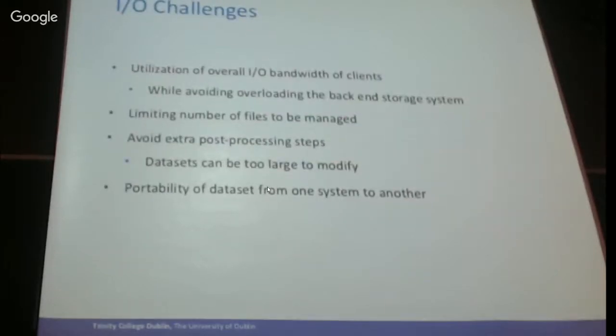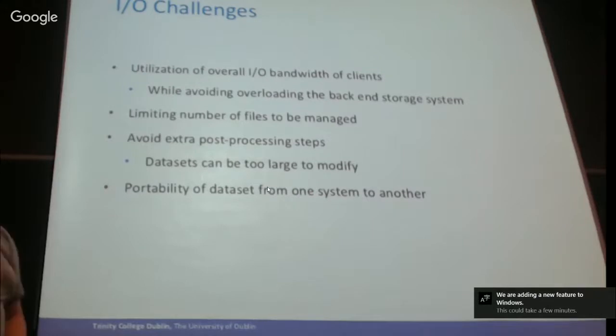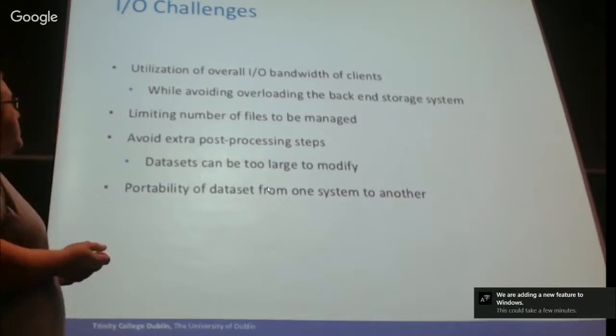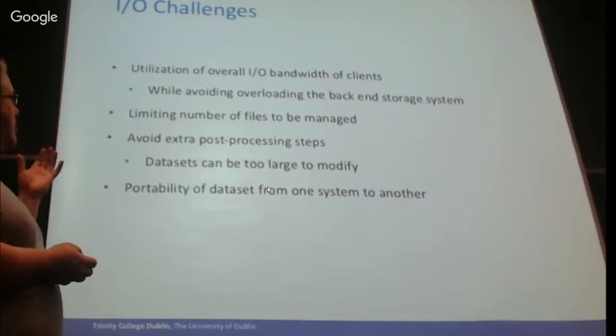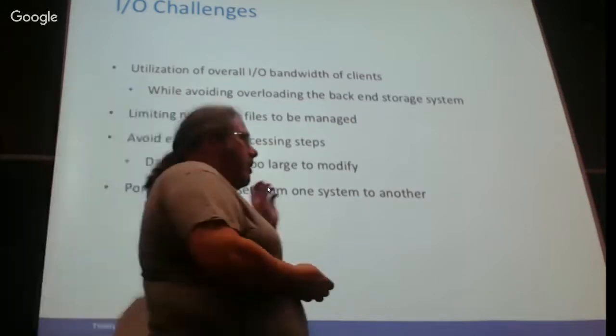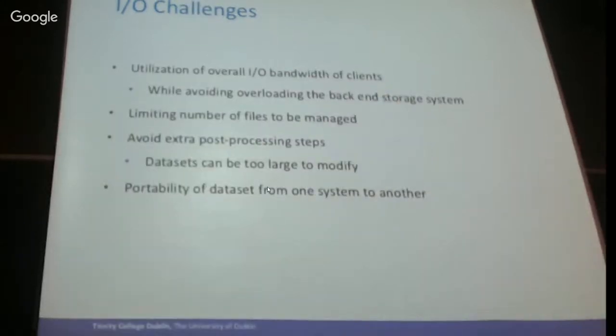So when we look at parallel I/O, there are a couple of things we want to do. Why do we want parallel I/O? What aspects of it do we want to retain? What we want in parallel I/O is a large number of clients and a large number of servers.